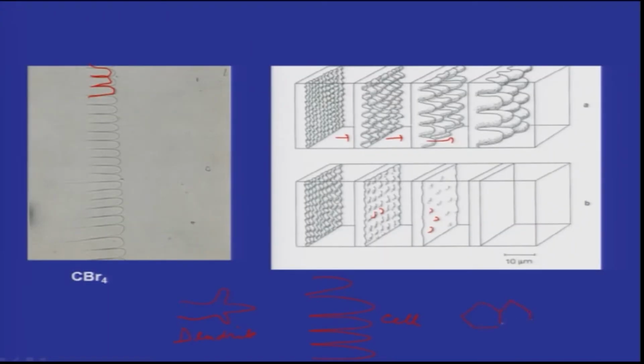The origin of the cell is the formation of small perturbations on the surface, and these then grow because of the high driving force available to them, which I just discussed.